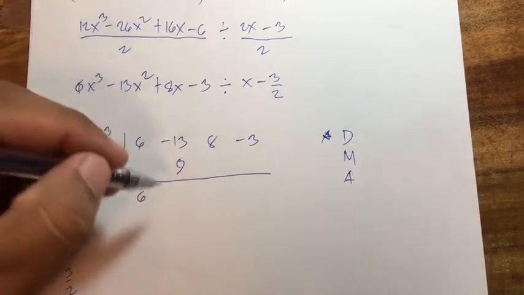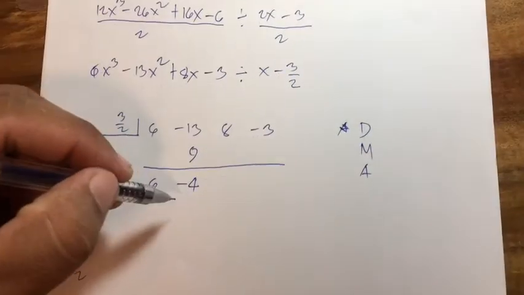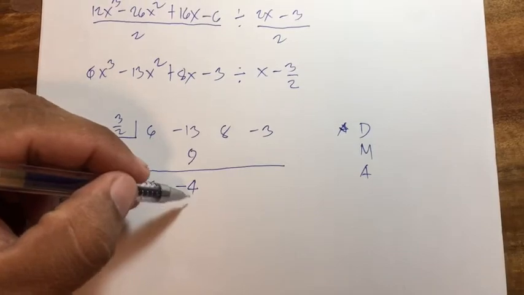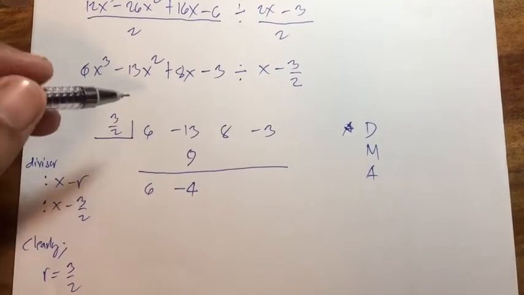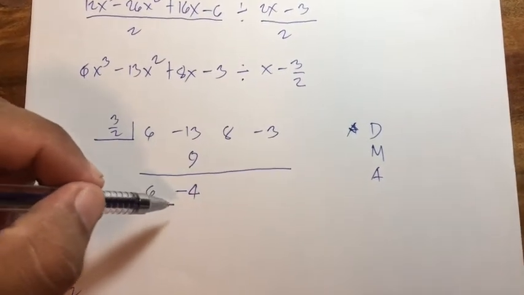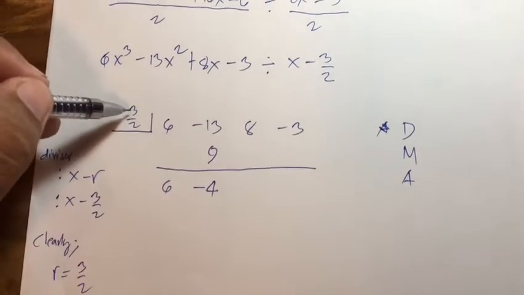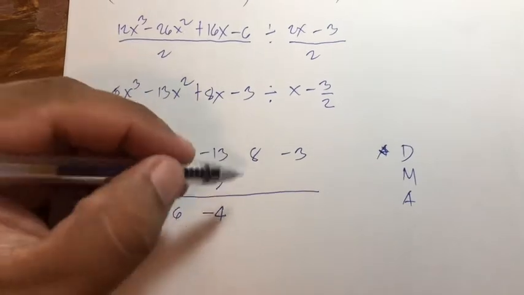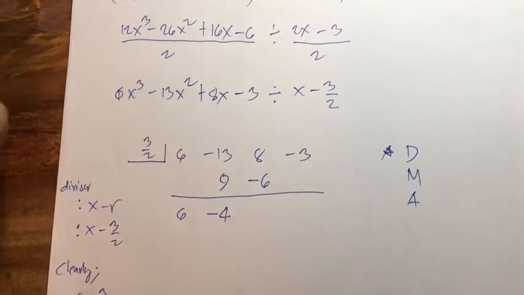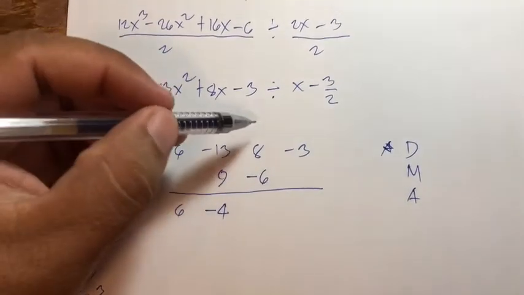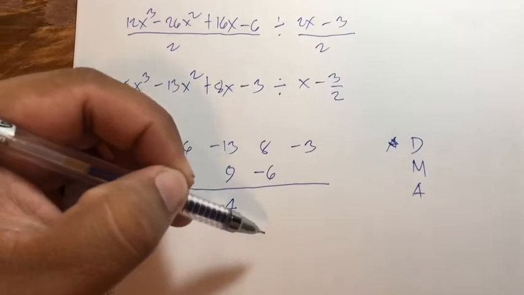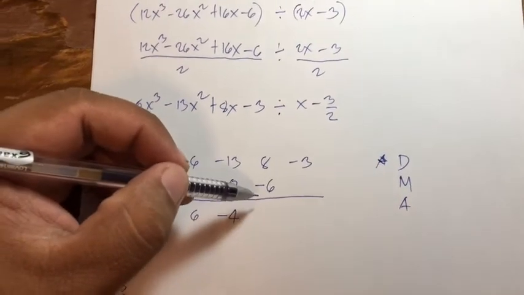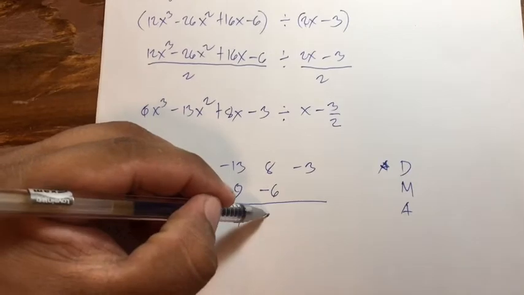The answer is negative 4. Then, negative 4 times 3 halves. Okay, we will multiply. Negative 4 times 3 is negative 12 divided by 2 is negative 6. In our third column, we will add 8 plus negative 6 is actually 2.